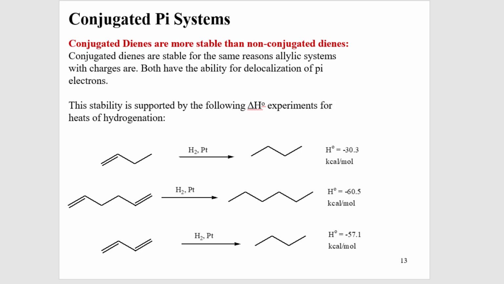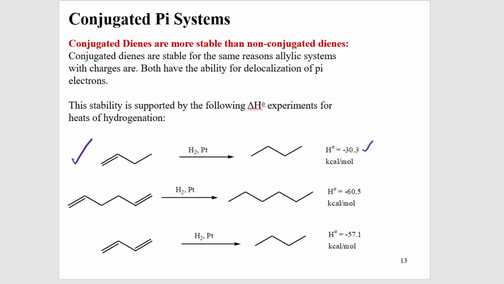So therefore, it's an exothermic reaction, gives off heat, and you can measure that in kilocalories per mole. So if I took this butene molecule and I hydrogenated it in a controlled vessel, I determine that experimentally we get negative 30.3 kilocalories per mole. Okay, so that tells me the exothermic reaction of one double bond to do hydrogenation is negative 30.3.